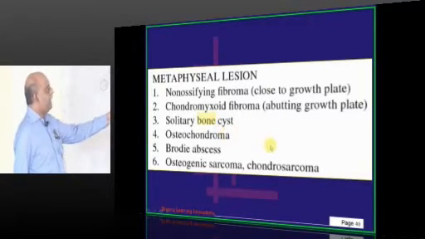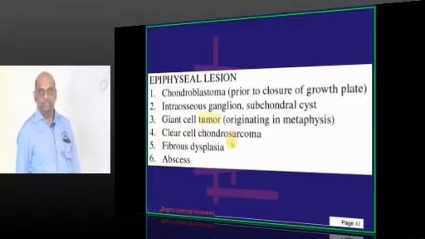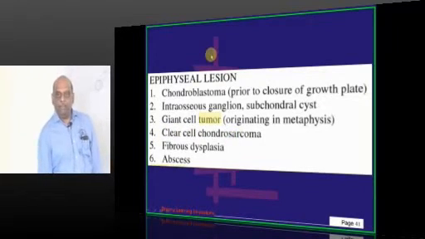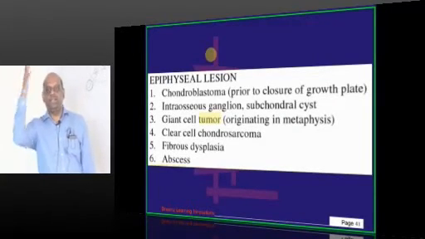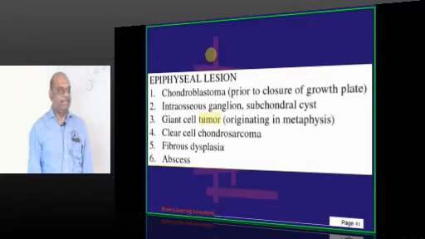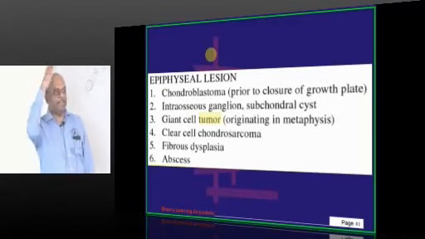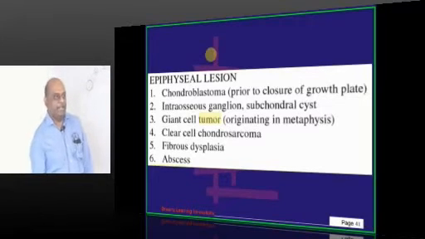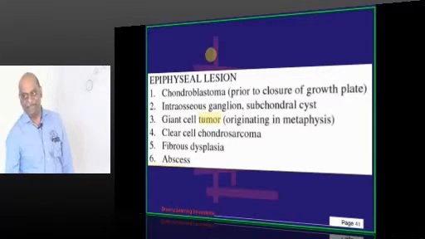And giant cell tumor. You can remember epiphyseal closure will cause dwarfism. Epiphyseal non-closure will cause giant. So giant cell tumor comes and sits in the epiphysis and makes the person become giant. No, that is not the reason. I mean, some way to remember, some stupid way to remember.